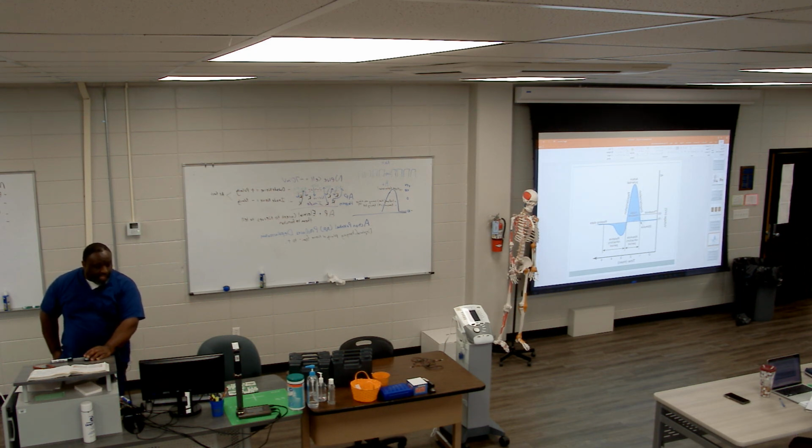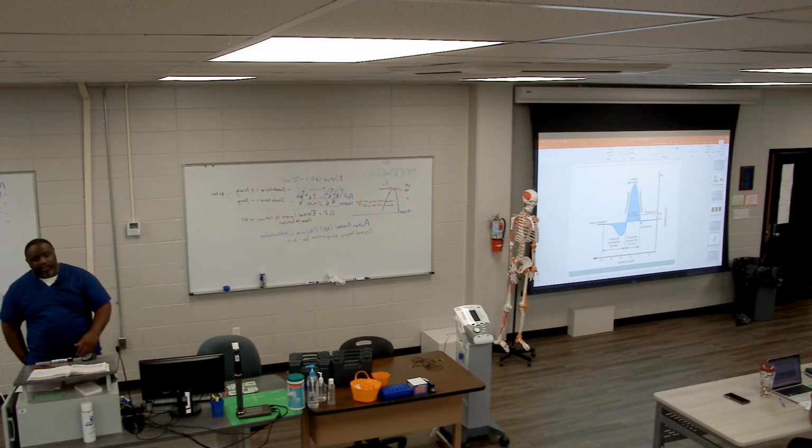This is something that actually causes a full depolarization from an action potential, leading us from minus 70 to minus 55, all the way up to plus 30. That's depolarization.